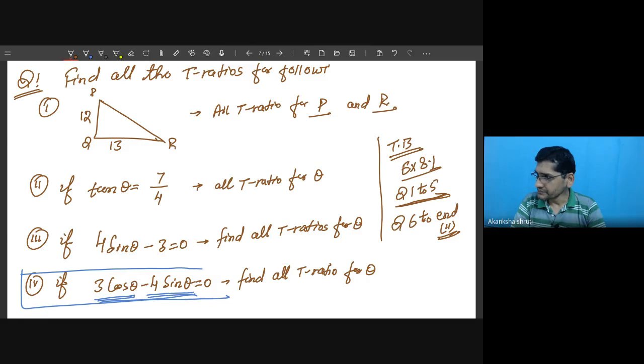नेक्स्ट डे वी विल लर्न, say if a specific angle is given, 30 degree is given, then what is the value of sine of 30 degree, cos of 30 degree, tan of 30 degree, cosec of 30 degree. Okay, means for all angles even a specific ratio can be calculated.